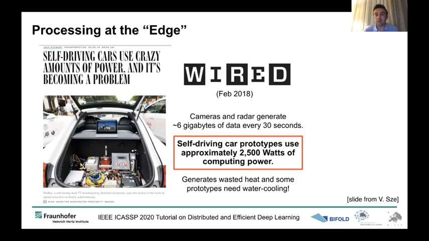In order to cool this amount of computing power, you need water cooling, specially designed water cooling. And also here you see that we need techniques to make things smaller, more efficient, in order to deal with these scenarios.